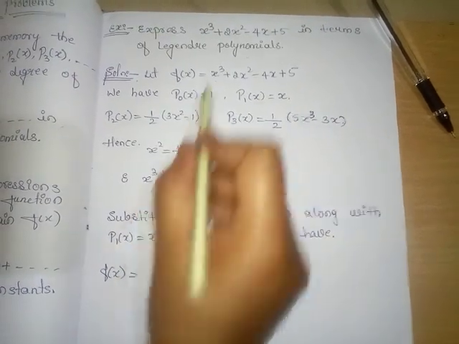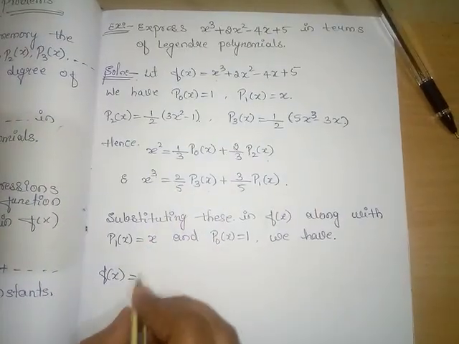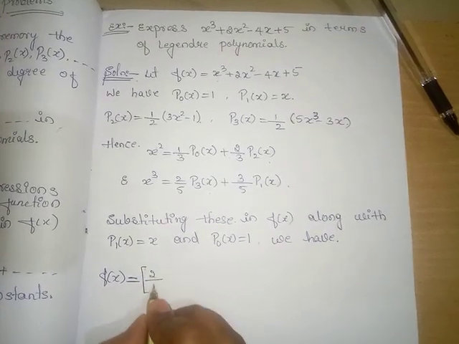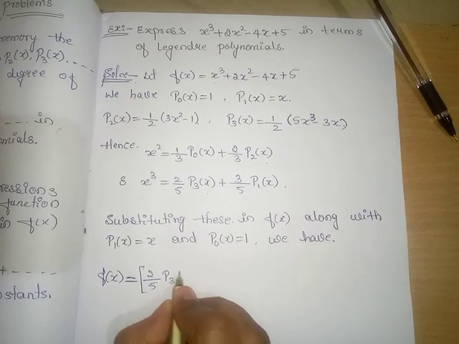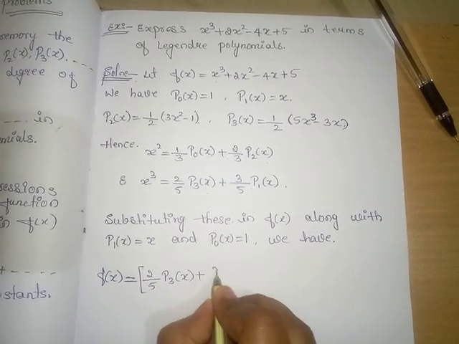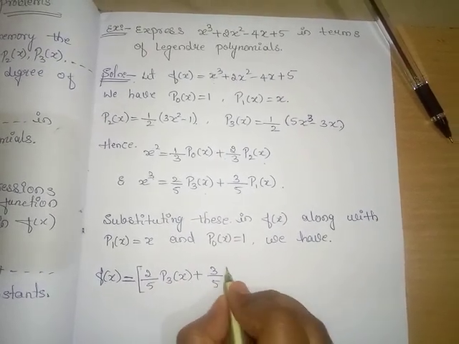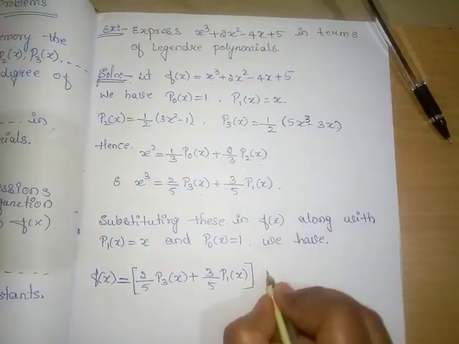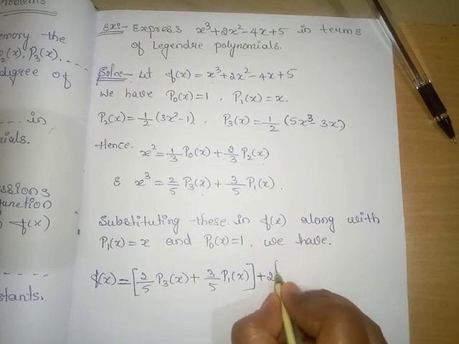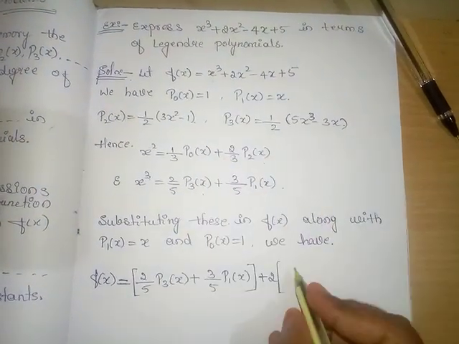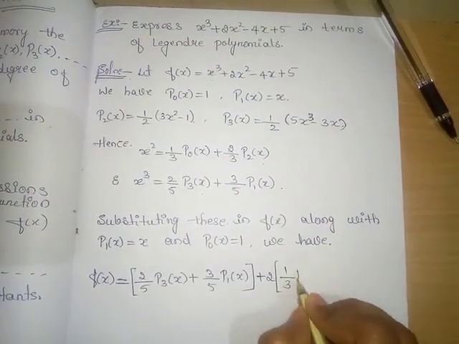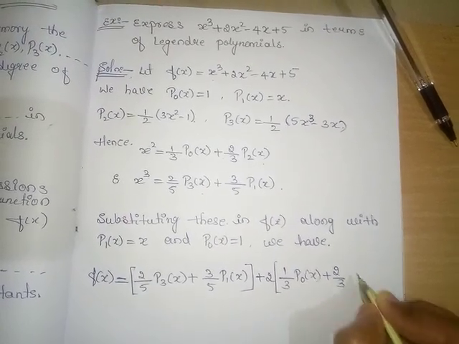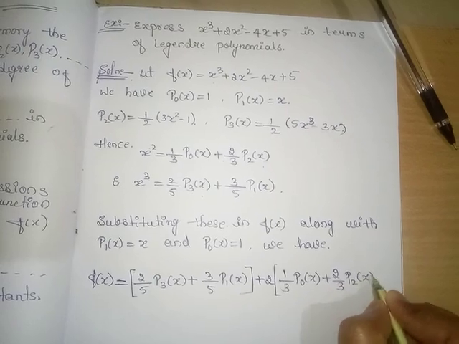In place of x cube, substitute 2 by 5 P3 of x plus 3 by 5 P1 of x, then plus 2 into x square, which is 1 by 3 into P0 of x plus 2 by 3 into P2 of x.